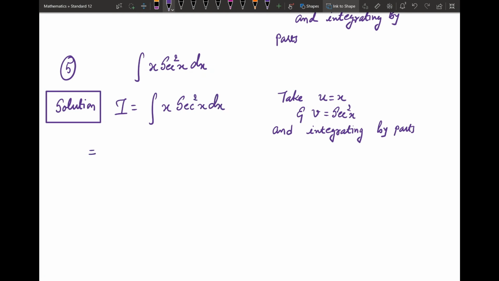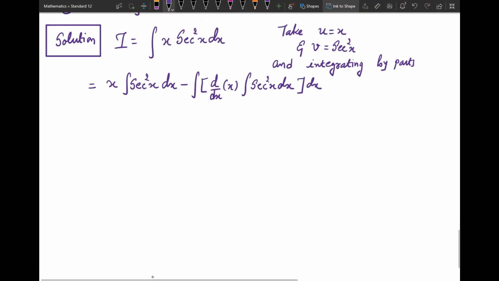So u, that is x, integration v, integration sec square x dx, u integration v minus u dash, d by dx of x, integration v, integration sec square x dx, and again we have to integrate.